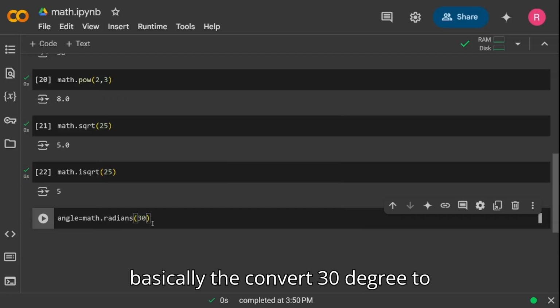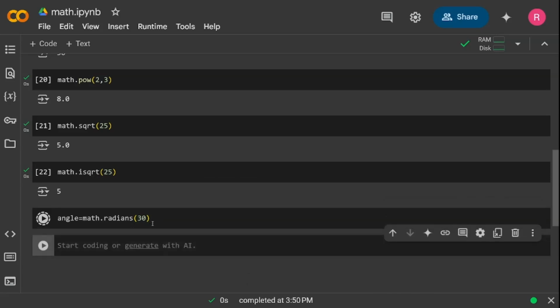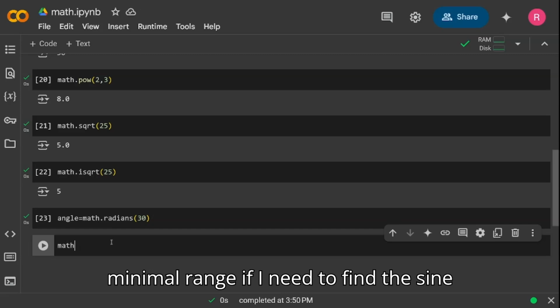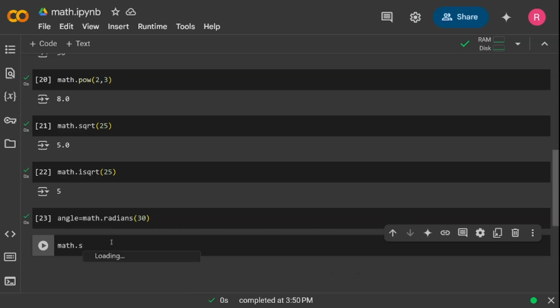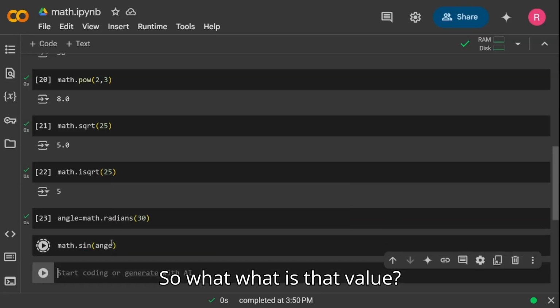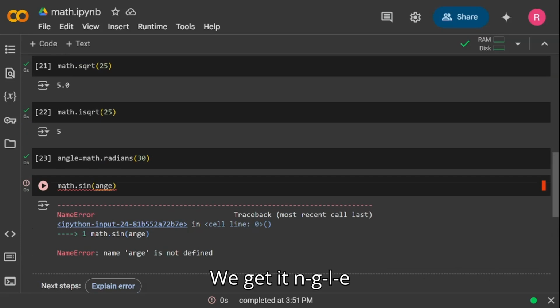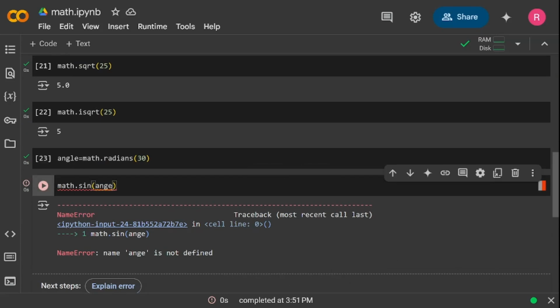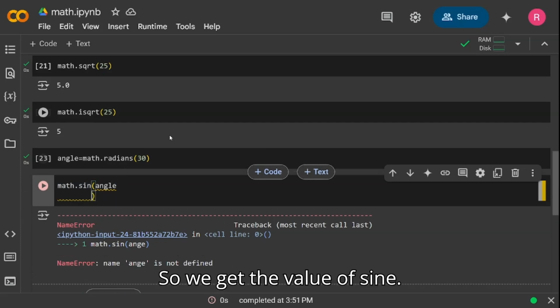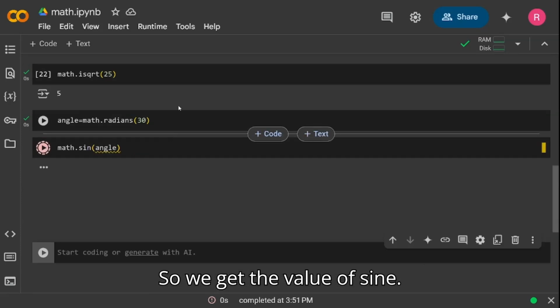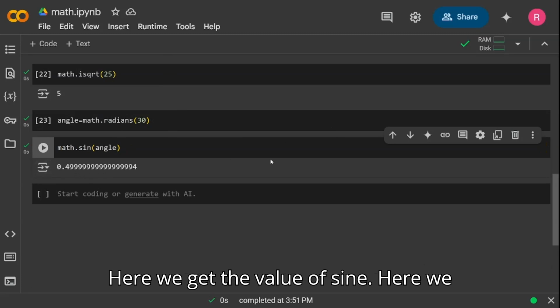Basically it converts 30 degrees to radian form. And now I am able to get all the mathematical results. If I need to find the sine of the angle, what is that value? We get it with math dot sin of angle. Here we get the value of sine.